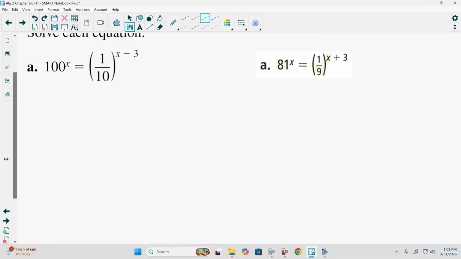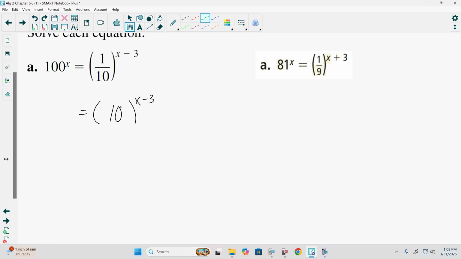10 to the x is equal to 1/10 to the x minus 3. So this would be very nice if we can get both of the bases to be the same, especially for 1/10. If I could rewrite this, don't need that extra set of parentheses, and say 10 instead of 1/10, that would make things nicer, yes?